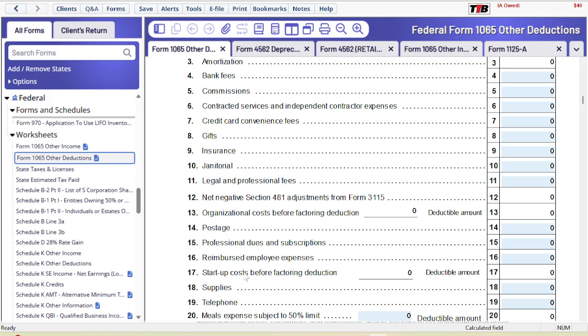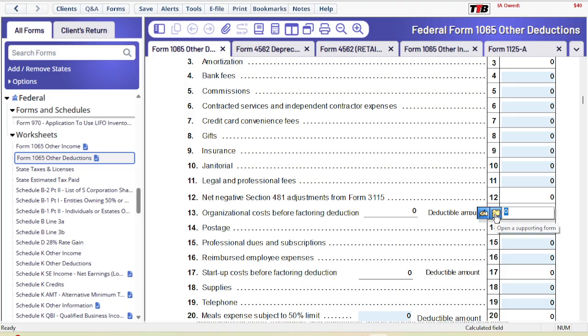If it is the first year you are in business, you want to read more about it. Depending on the amount, you could claim the full amount the first year for organizational costs, which will mean more like when filing for those LLC with the state and all those, and startup costs, those first year costs, to start the business. But it's good to read more about it to see if there is a threshold.